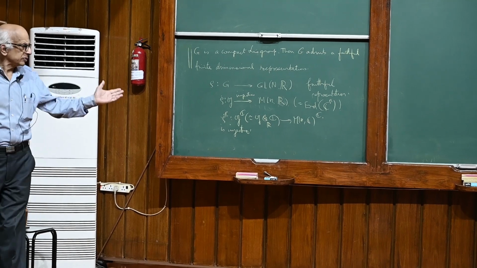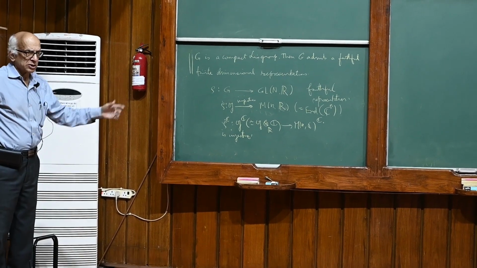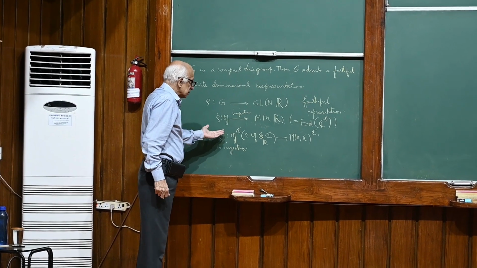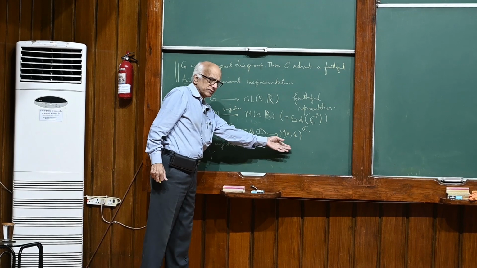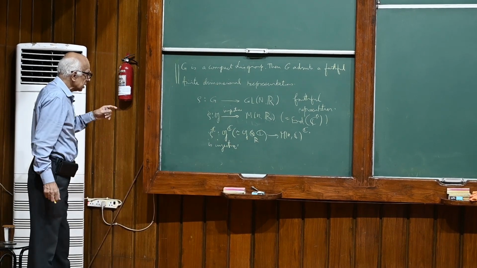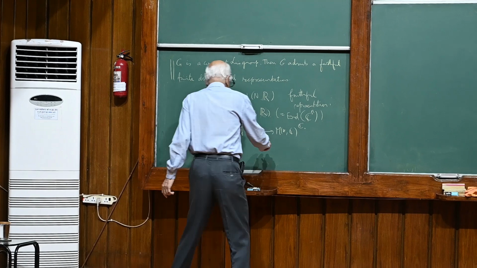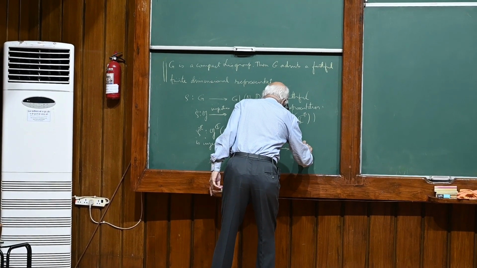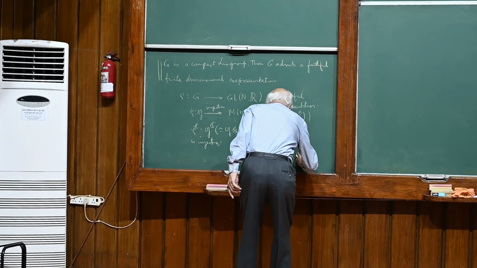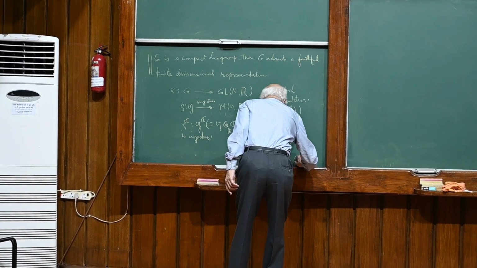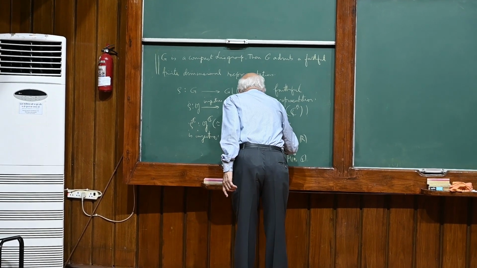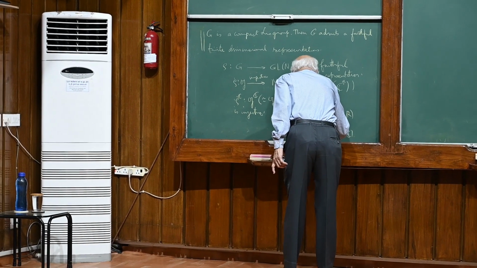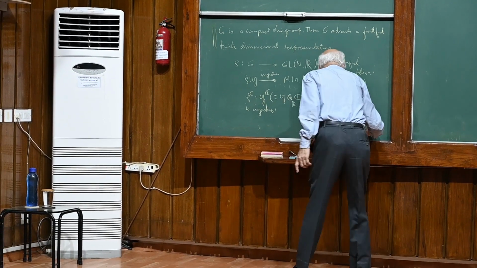Since I put it into M_n(R), it follows that this is going to be injective, because M_n(C) is nothing but M_n(R) tensor C. So you have this inclusion of G in M_n(R), which in turn is contained in M_n(C), and rho_C is also injective.